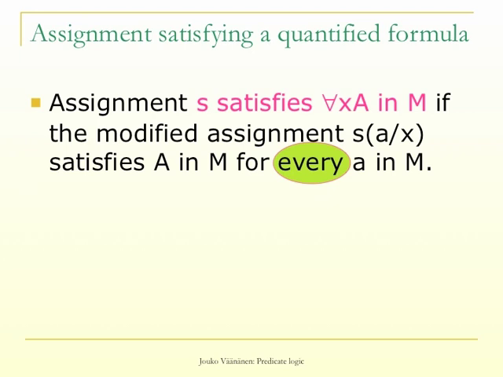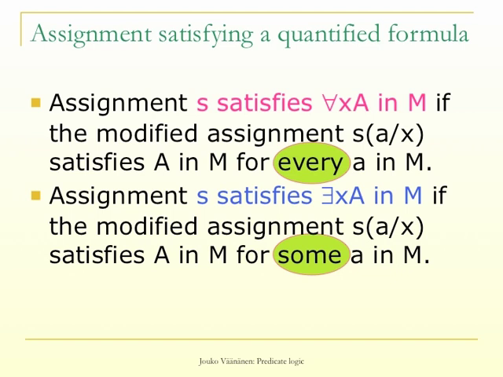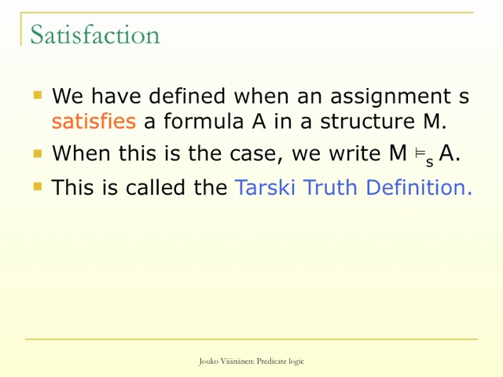An assignment s satisfies for all x A in M if the modified assignment s[a/x] satisfies A in M for every a in M. Respectively, an assignment s satisfies exists x A in M if the modified assignment s[a/x] satisfies A in M for some a in M. We have now defined in full generality when an assignment s satisfies a formula A in a structure M. When this is the case, we write M satisfies_s A. This is called the Tarski truth definition, according to the Polish-American logician Alfred Tarski.